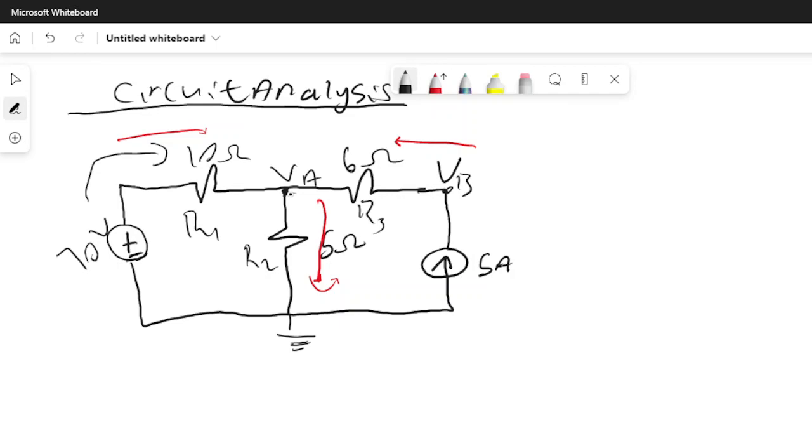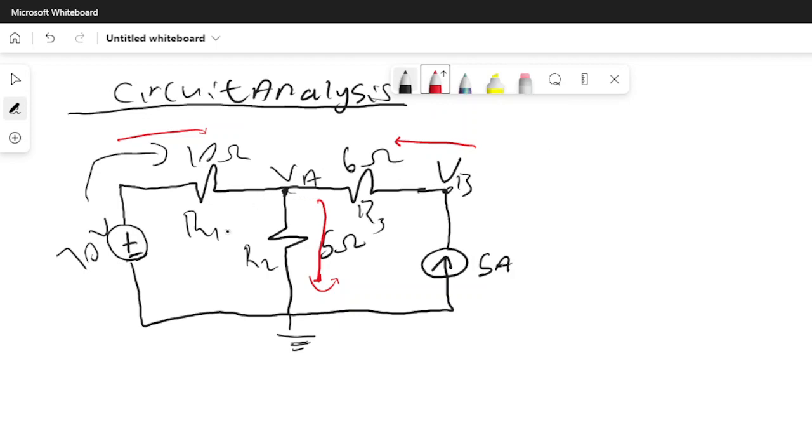Or alternatively, you can say the current that goes into the node equals the current that goes out. Now since we know that the sum of the currents that enter node A must equal in value the sum of the currents leaving node A, we are going to verify this hopefully at the end of this video. Now let's make an equation of node A.